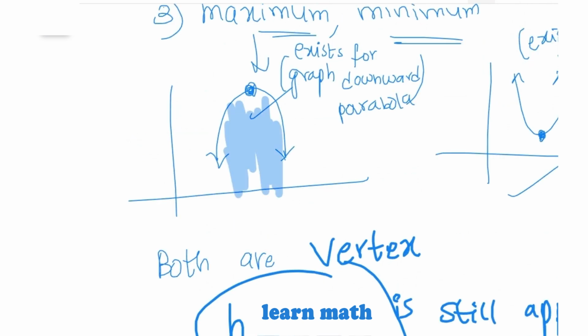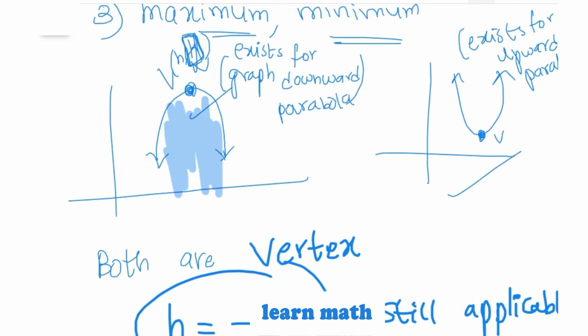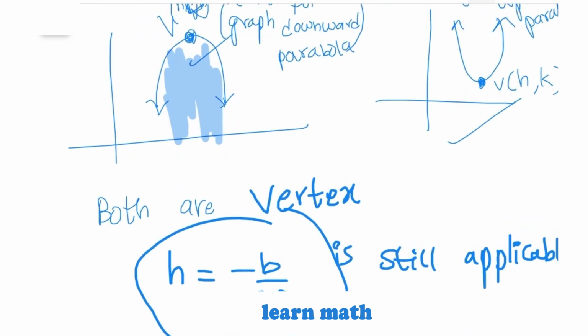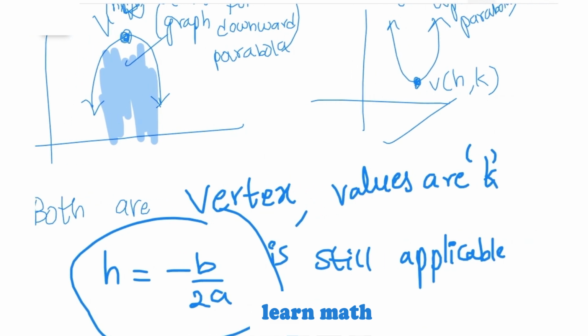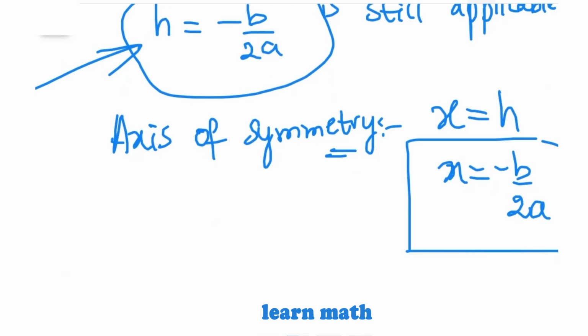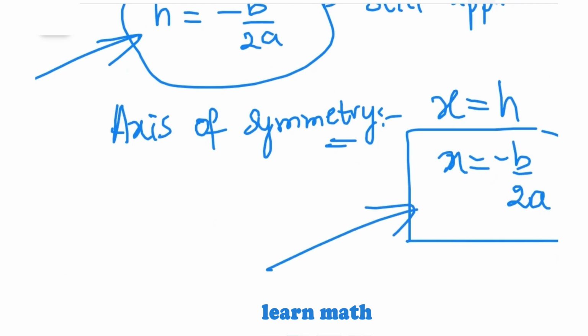The maximum or minimum is at the vertex (h, k), and its y value is k. Both maximum and minimum values are k, and the x coordinate of the vertex is h. The axis of symmetry line equation is x equals h.